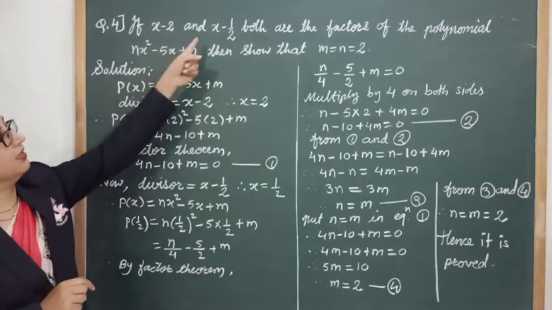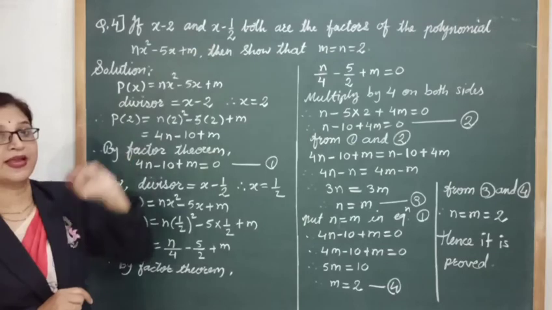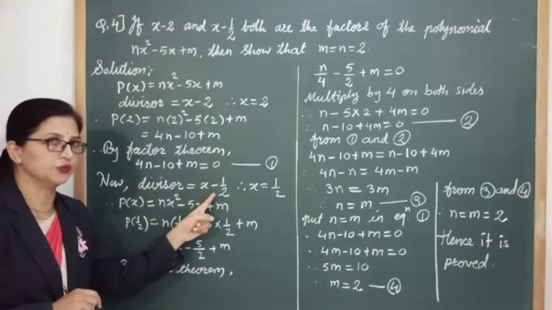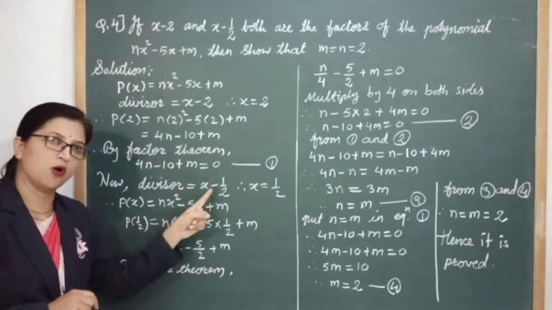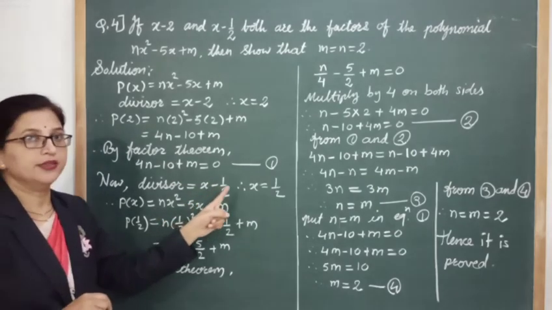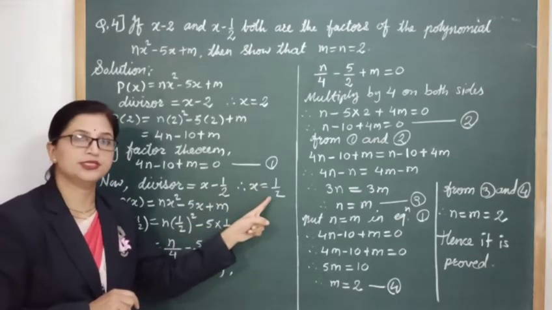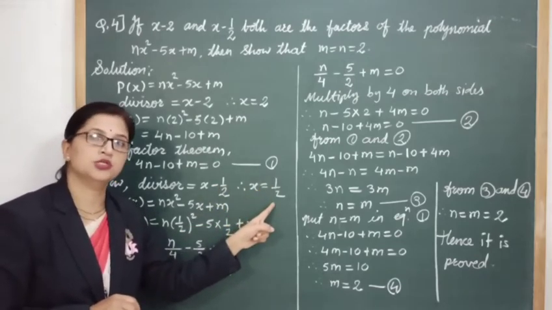Now take the other divisor, x minus 1 upon 2. Therefore the value of x will be 1 upon 2, since the negative becomes positive.